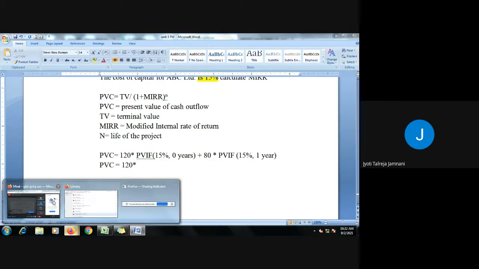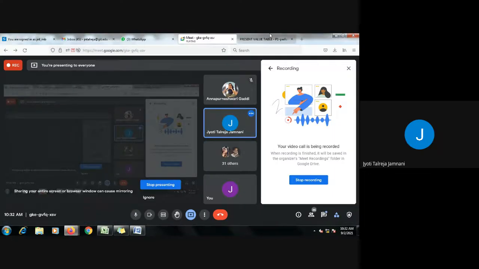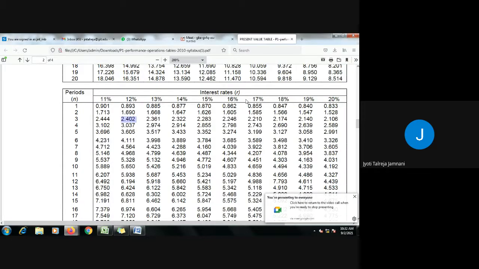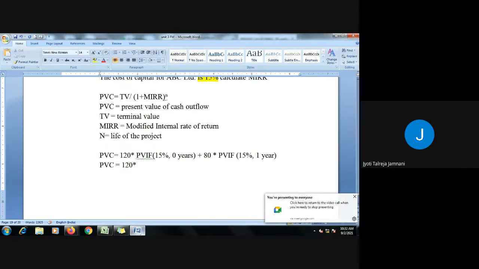Now in this table there is no 0 years, but in the table that college will provide you, there is also a 0 year. For 0 year, all the values will be equal to 1. Okay, because year 0 is already in present. So present value interest factor at 15% for 0 years is equal to 1. Plus we have to see 80 into present value interest factor at 15% for 1 year.